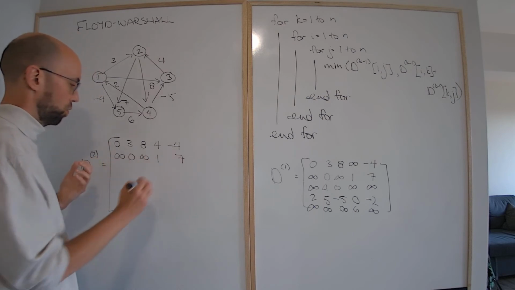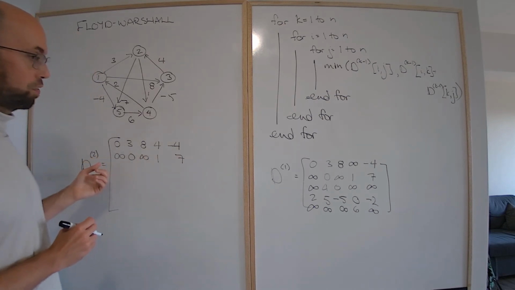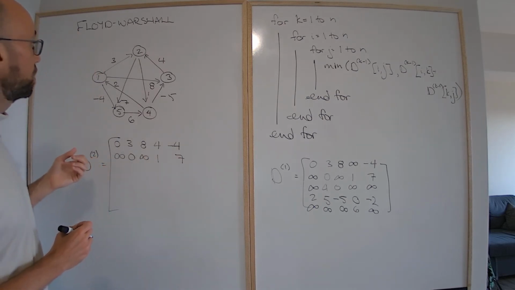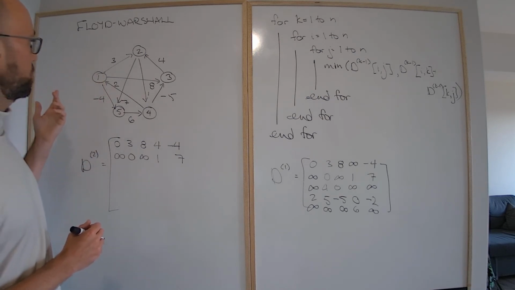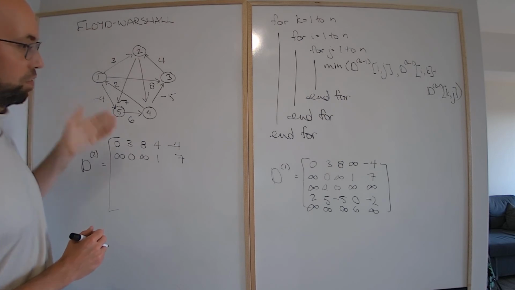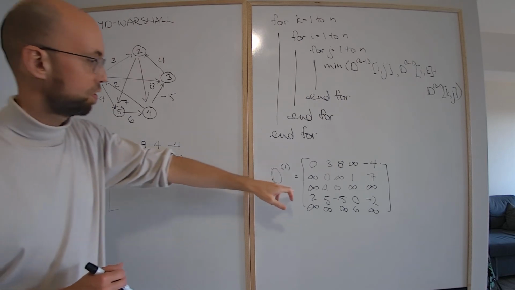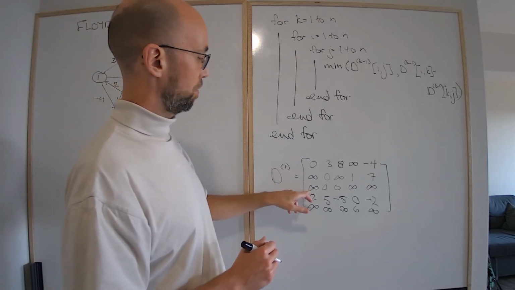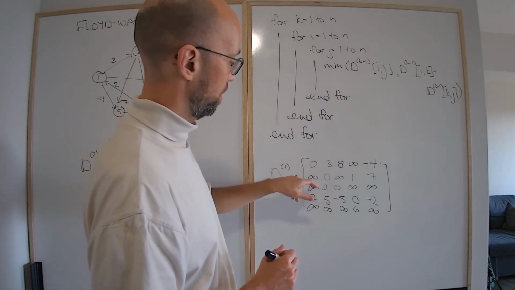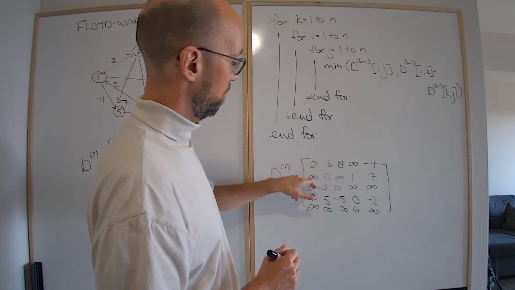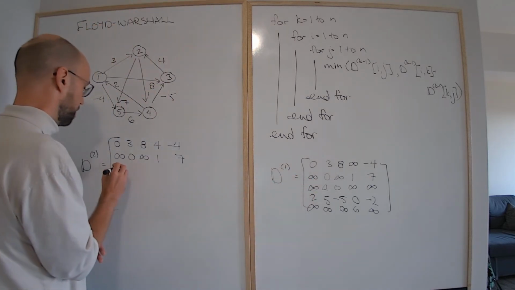Cost of going from 3 to 1 is not going to change, because 2 doesn't help you, so it's cost of going from 3 to 1 directly, cost of going from 3 to 2, plus cost of going from 2 to 1, so it's still infinite.